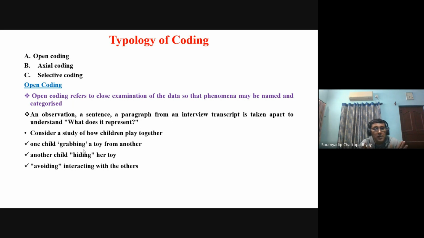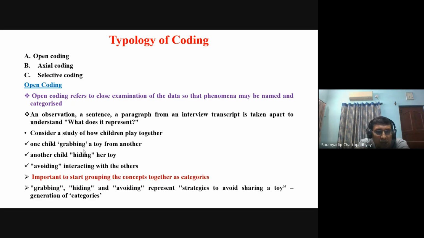If you want to make sense of these innumerable possibilities, how should you approach it? You can start grouping the concepts together as categories. For example, here we can think of grabbing, hiding, avoiding as representing a particular category, known as strategies to avoid sharing a toy. That means all these can be clubbed under one particular category, and this is one example of open coding.